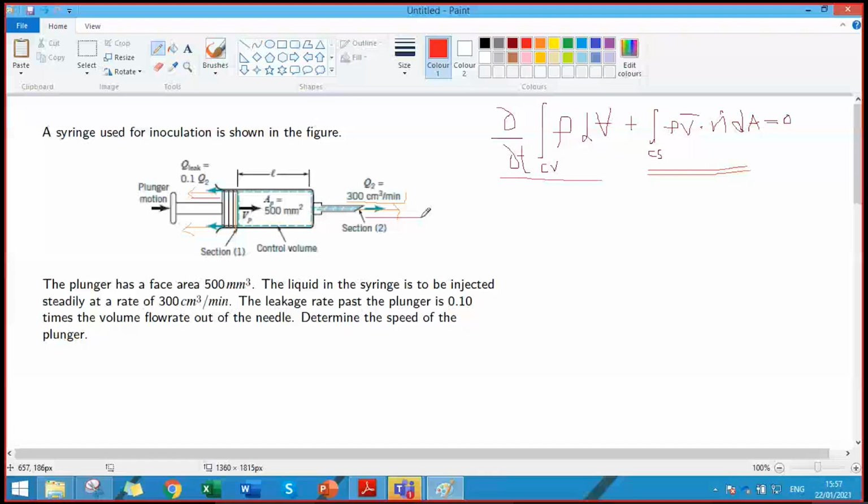We can just write this term as Q2 multiplied by the density, plus this Q leak into density, that is 0.1 times rho into Q2, equal to 0. And this term would be brought here as it is. Clear?